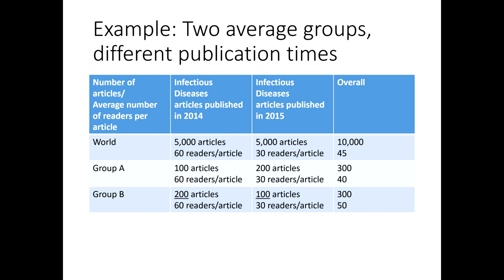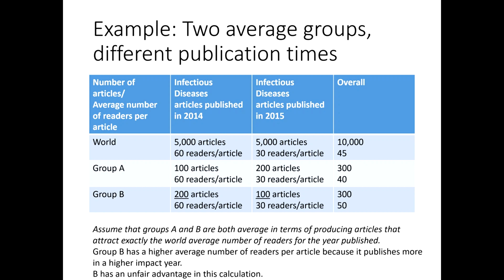But this time Group A publishes twice as many of the younger articles, 2015 articles, and Group B publishes twice as many of the older articles, 2014, and because of that, Group B has an advantage because its older articles have higher average scores, even though the Group A articles are exactly world average and the Group B articles are exactly world average for both years. So these scores show that Group B has an unfair advantage for publishing a higher share of the older articles. So we can't use an indicator such as simple averages that give an unfair advantage to any group.